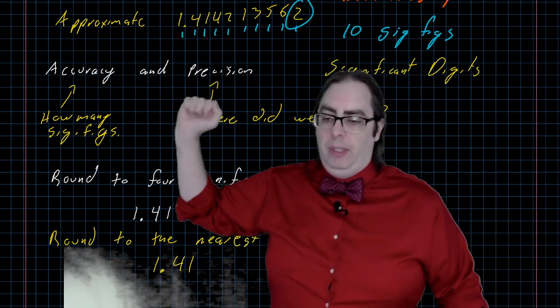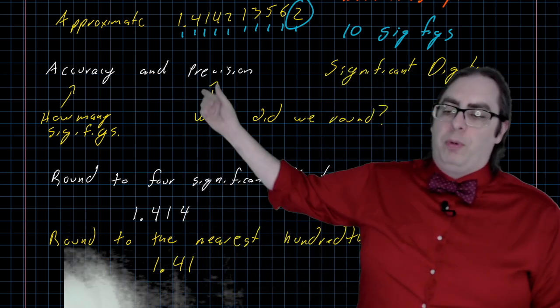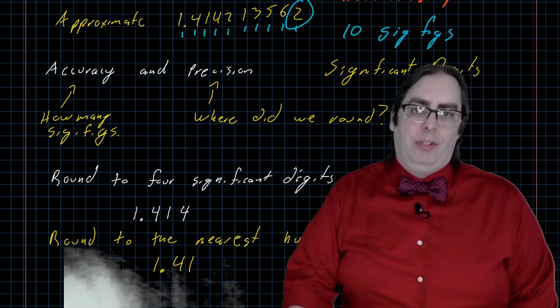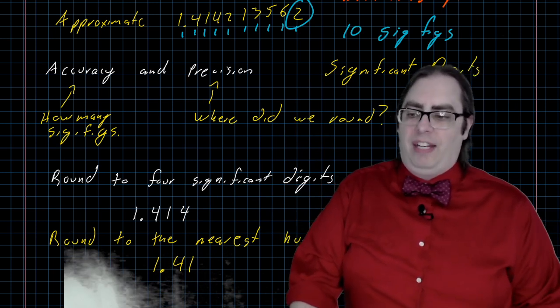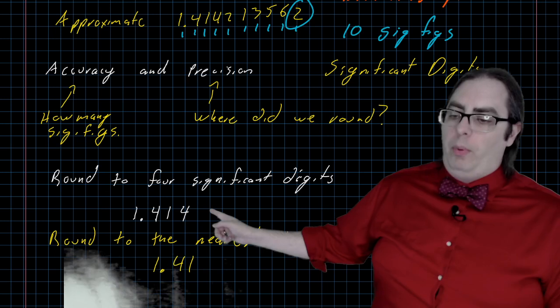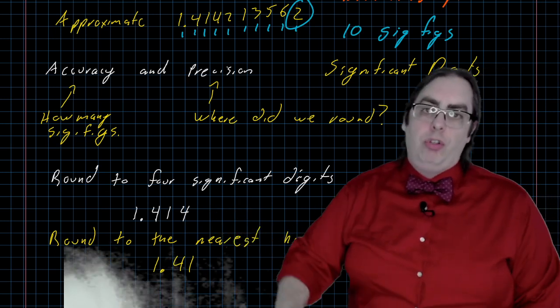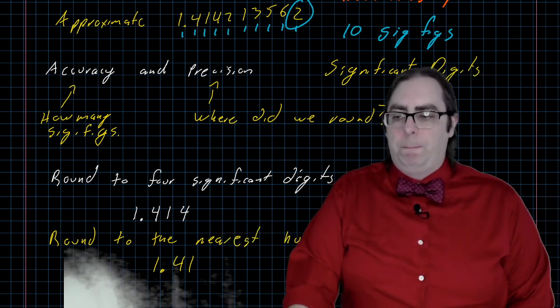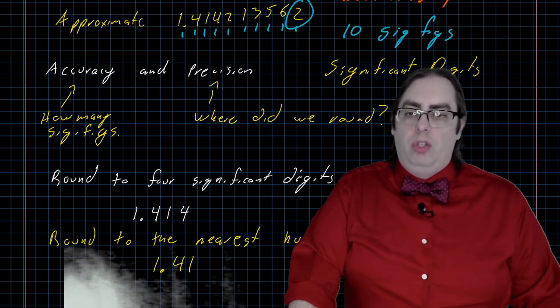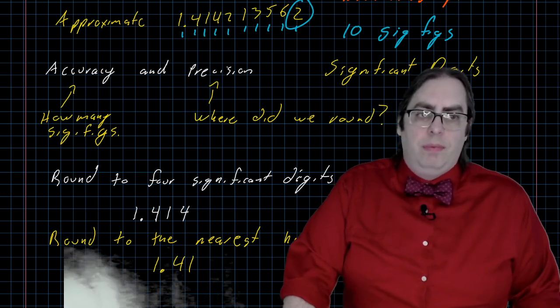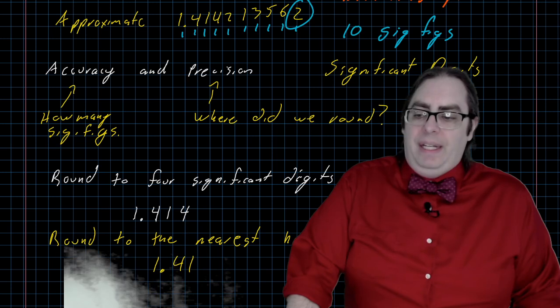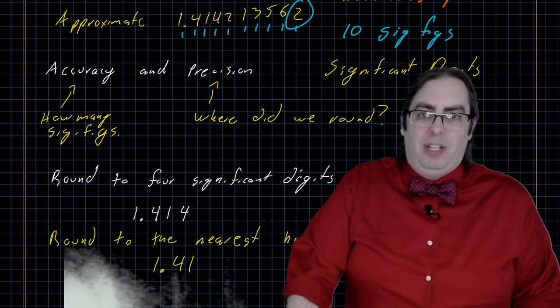It's approximately the square root of 2. It is approximately to a relatively high precision, but it is not the exact value. 1.414 is also approximately the square root of 2. It's approximate to a lower precision, but it's still approximately that value.